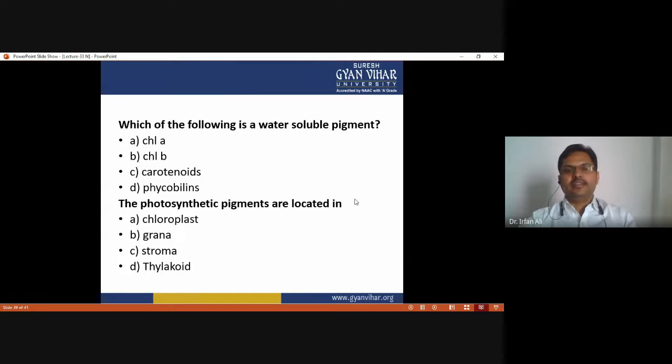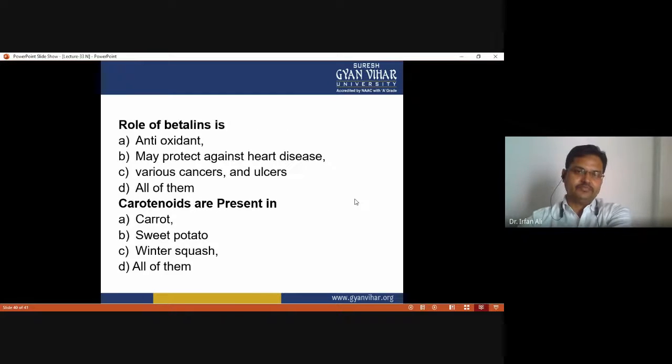And the next question: photosynthetic pigments are located in the chloroplast, granum, stroma, or thylakoids. You have to note down your answers, and at the end of the quiz, cross check them with the answer key. And the role of vitamins is that they act as antioxidants. They may protect against heart disease.